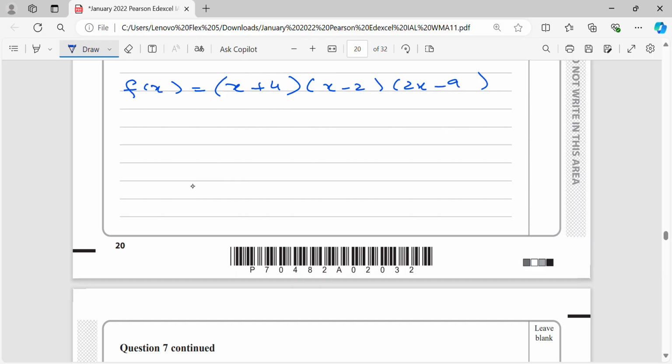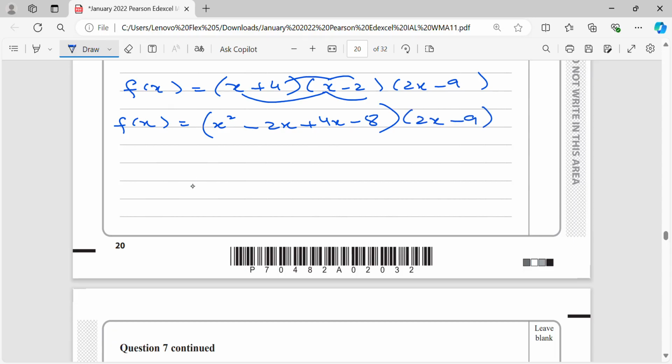Okay, time to multiply brackets together. So x multiplied by x is x squared, minus 2x, multiplied with negative 2. Then 4 times x is plus 4x, and 4 times minus 2 is negative 8. And this is (2x minus 9).